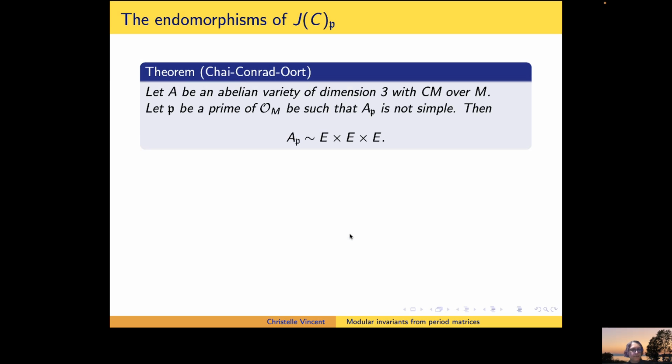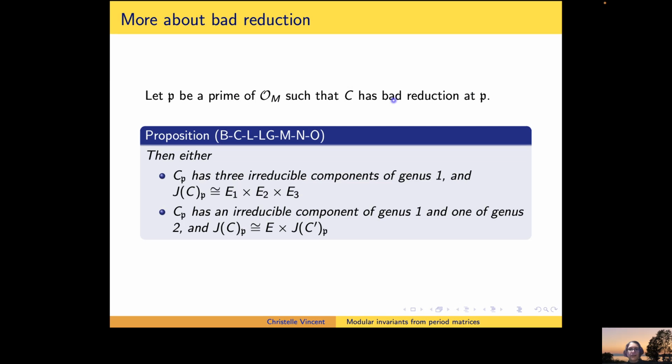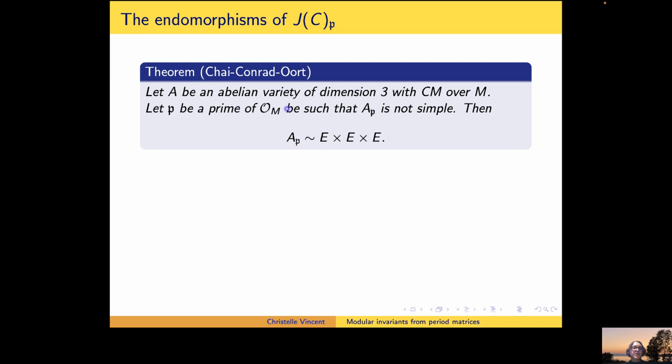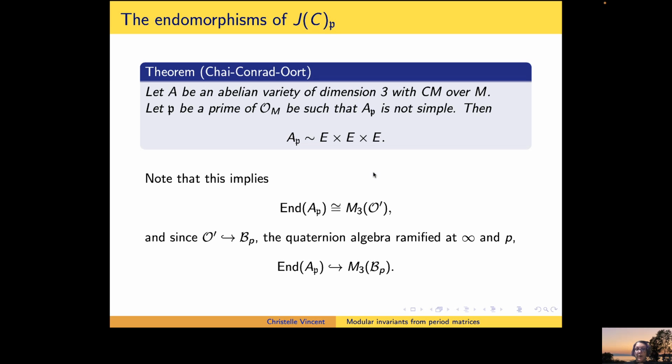Chai, Conrad, Oort show that if I start with a curve that has bad reduction, that means its Jacobian is decomposable, I can break it up into abelian varieties of lower dimension. And then Chai, Conrad, Oort say that whenever that happens, my reduced abelian variety is isogenous to 3 copies of the same elliptic curve. So whenever my curve C has bad reduction, I know that the Jacobian mod P is isogenous to 3 copies of the same elliptic curve.